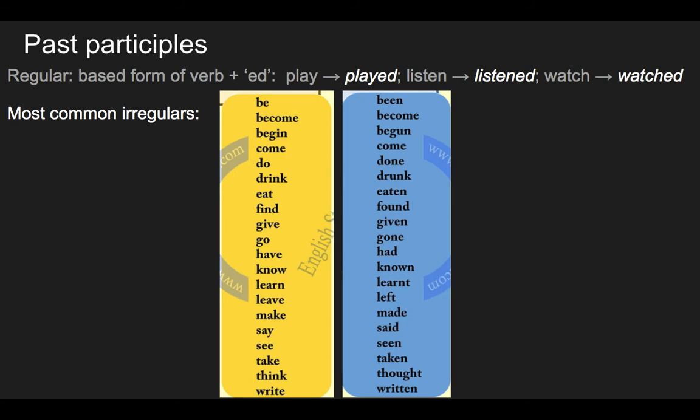Past simple of take is took, but the past participle is taken. Think, thought. Write, written. Again, past simple of write is wrote. Past participle, written. I have written. Or, the book was written by Gabriel Garcia Marquez. Yeah?